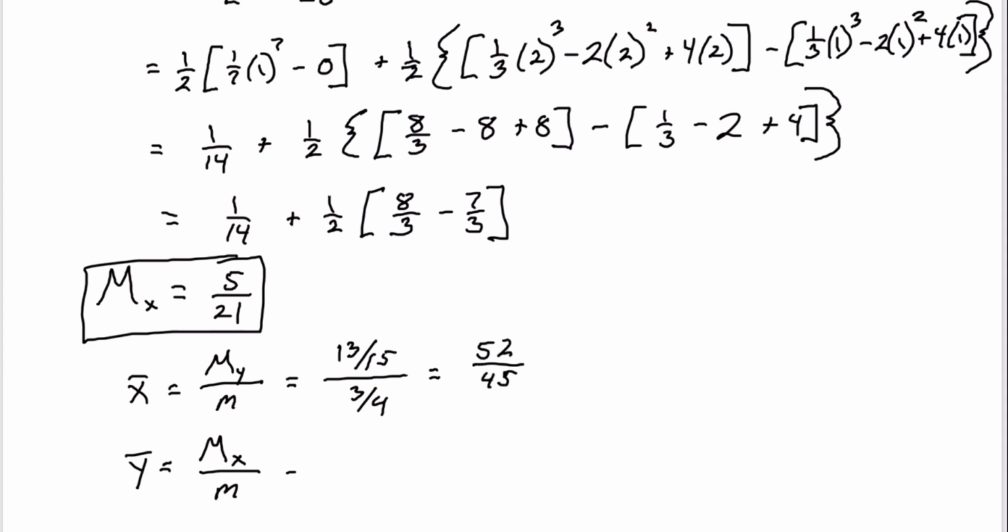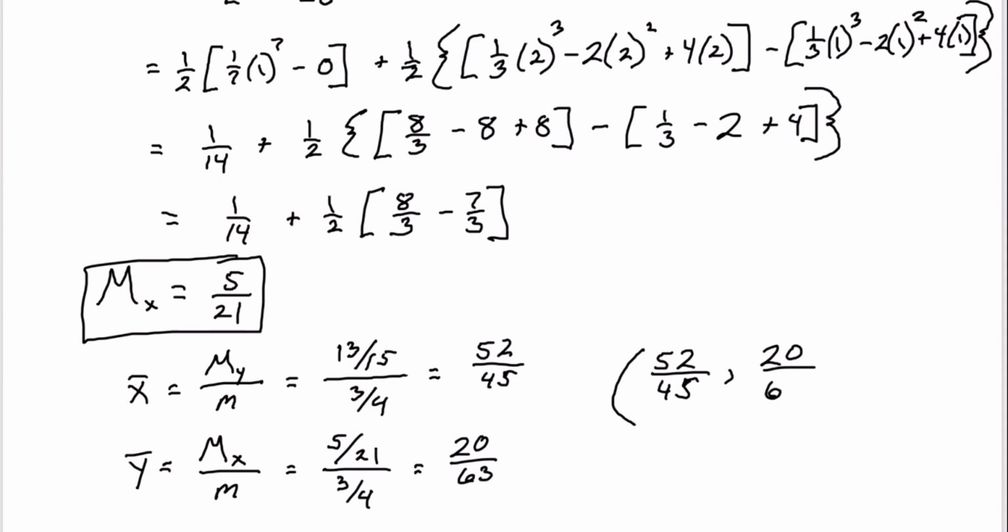And then m sub x we just found. It's 5 over 21 divided by m, which is 3/4. Simplifying this, we get 20 over 63. That means our centroid is 52 over 45, comma, 20 over 63. Lots of tedious steps, but we finally got there.